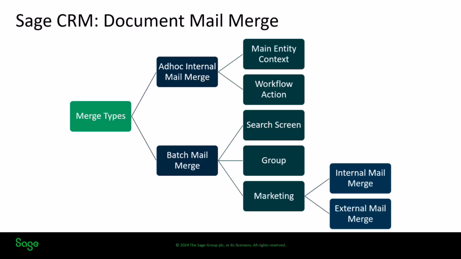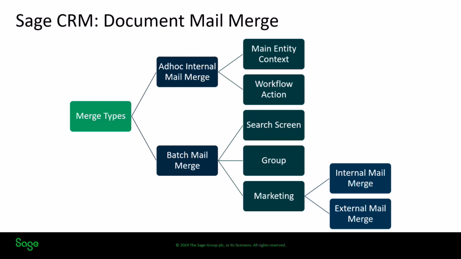Now, when we come on to the merging of information, the functionality allows for both individual records and batch operations to take place. So we're integrating mail merge with workflows and marketing campaigns, and we can initiate a mail merge from a specific record that you're interested in.